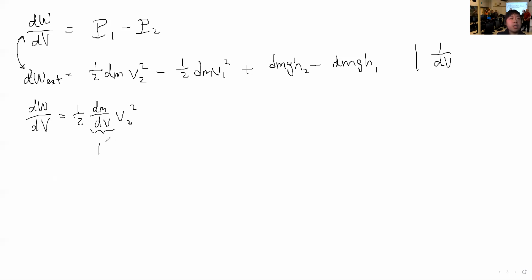So I can just write this as rho because we're assuming our liquid to be uniform. And we can do the same thing here because we have all dm's, and dm/dV just becomes uniformly rho. So half rho v1 squared plus rho g h2 minus rho g h1, and this is equal to the difference in pressures.